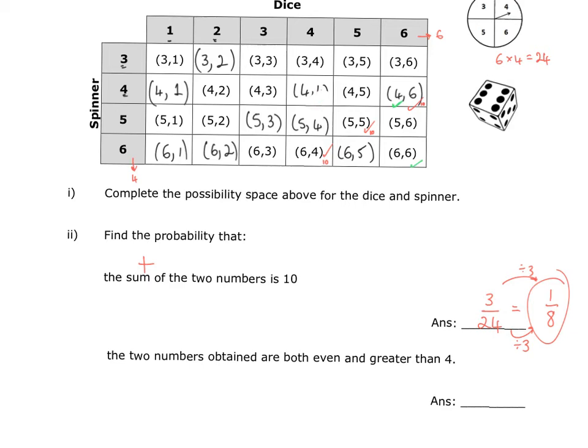This one. Because we're just told greater than 4. We're not told greater than or equal to 4. Understand? So that's a bit not clear. But in this case, it's just greater than 4, and I only have that one, where both numbers are even and greater than 4. And that's just 1 out of 24, which is not simplified.